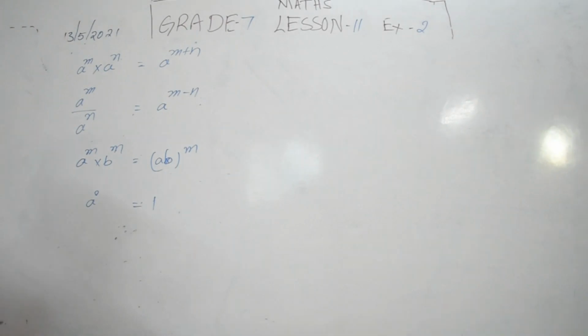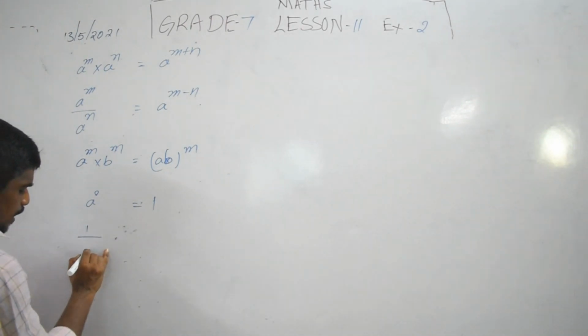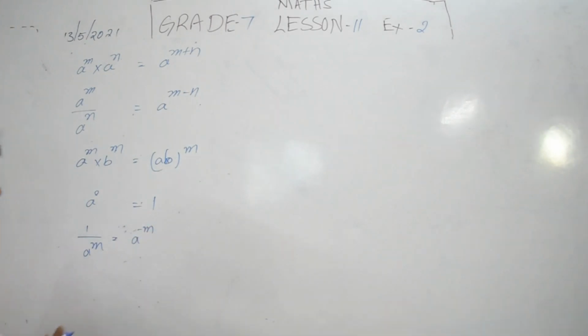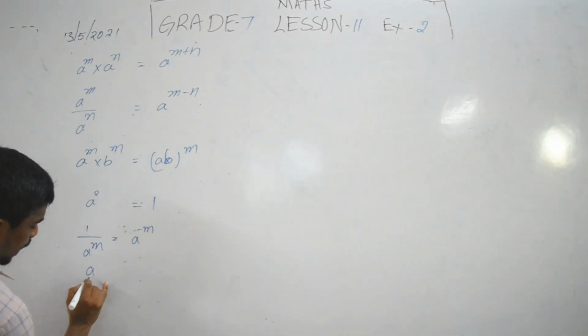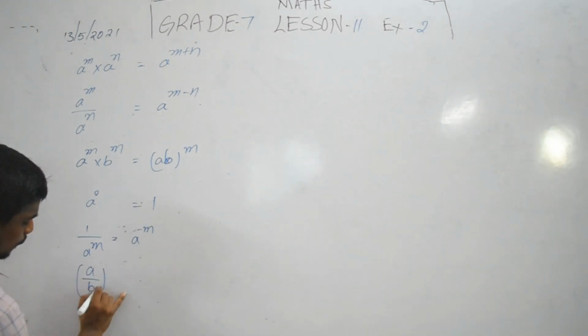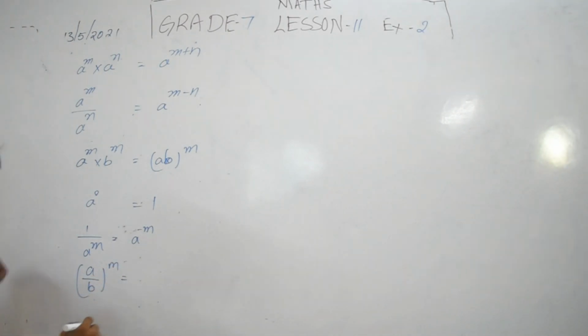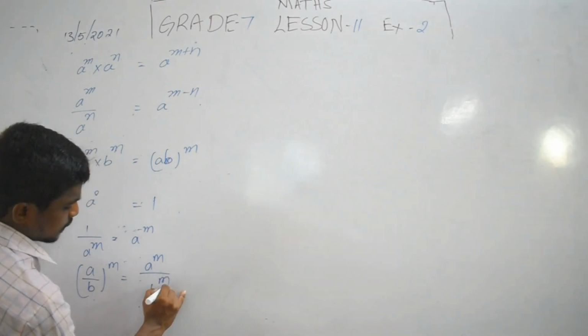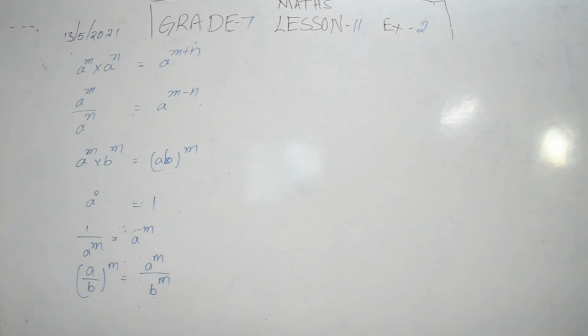Next, 1 by a power m equals a power minus m. Next, a by b whole power m equals a power m by b power m. So write those formulas last.